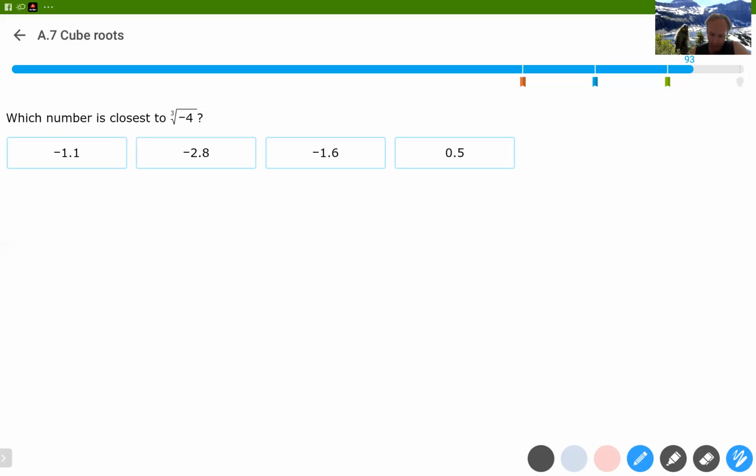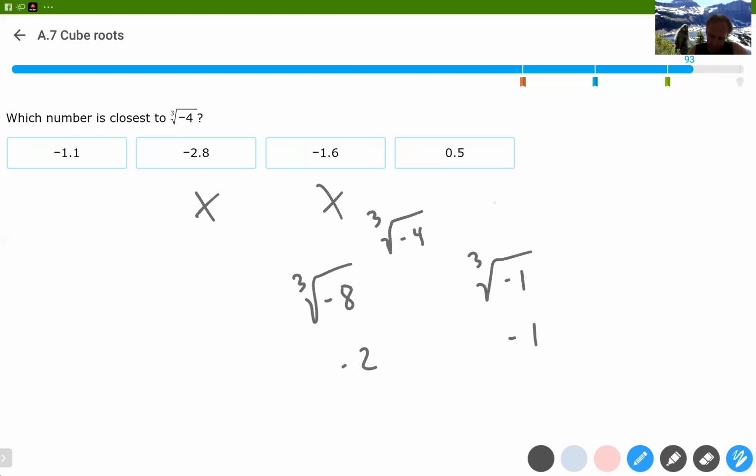Oh, okay, so this time we're between the cube root of negative 1 and the cube root of negative 8. This is negative 1 and negative 2. And which one are we closer to? Well, let's see. We're talking about the cube root of negative 4. So we're pretty close to the middle, but closer to the 1. Definitely not closer to the 8. So it's not this one, and it certainly isn't this one or this one.